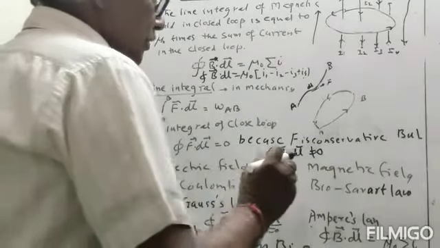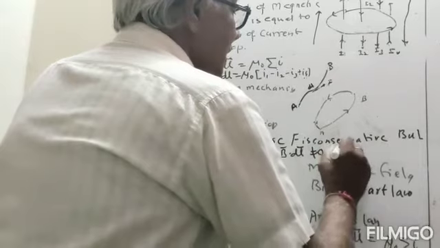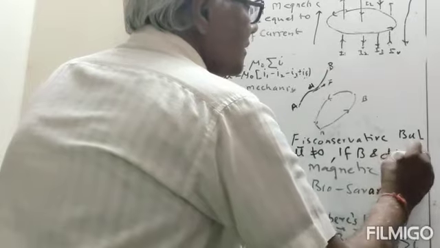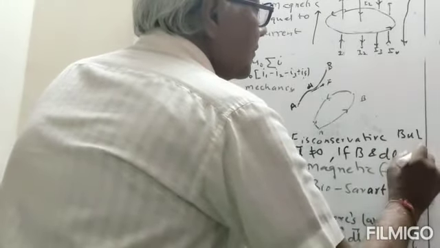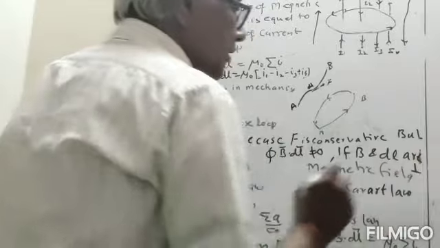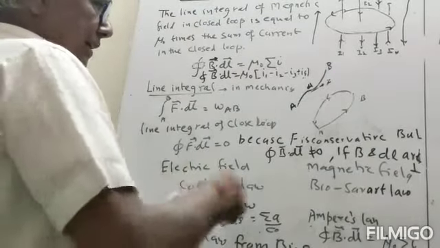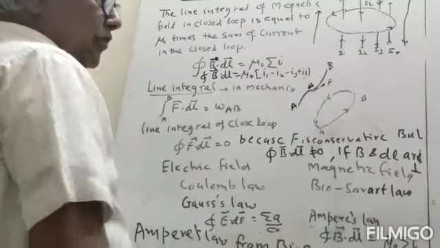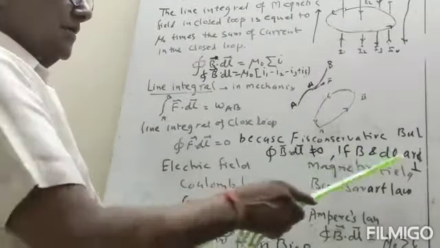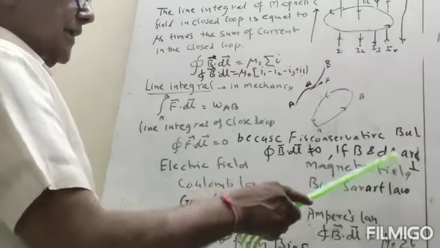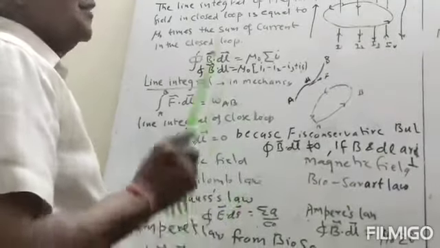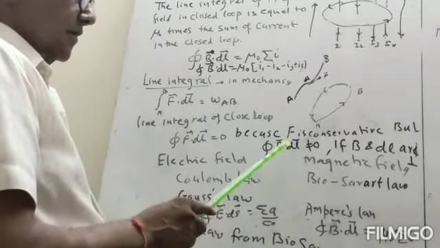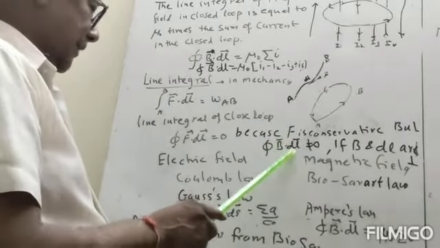It can be equal to 0 if B and dl are perpendicular to each other, because B dot dl is B dl cos theta, and when theta is equal to 90, it will be equal to 0. Otherwise, if theta is not equal to 90, B dl for the closed path will not be equal to 0 in the case of the magnetic field.